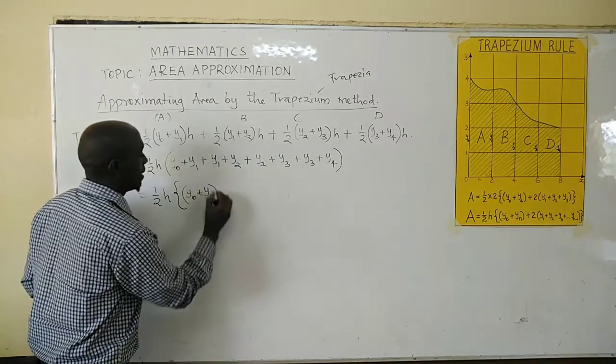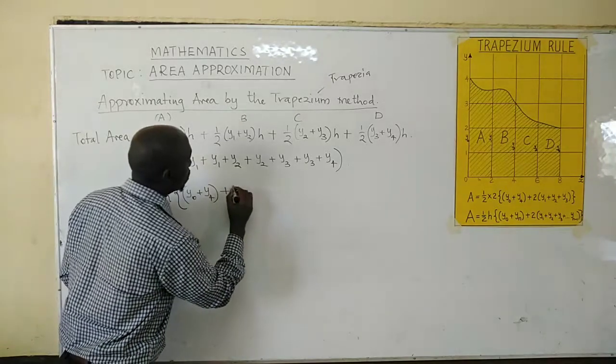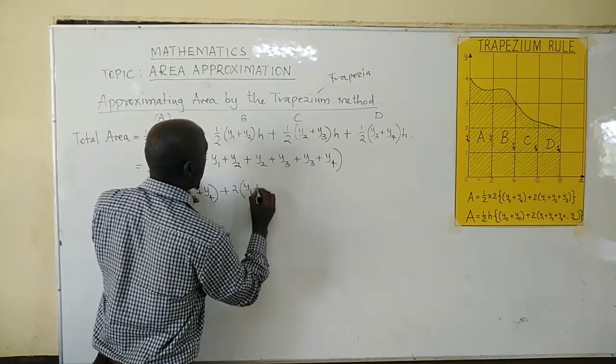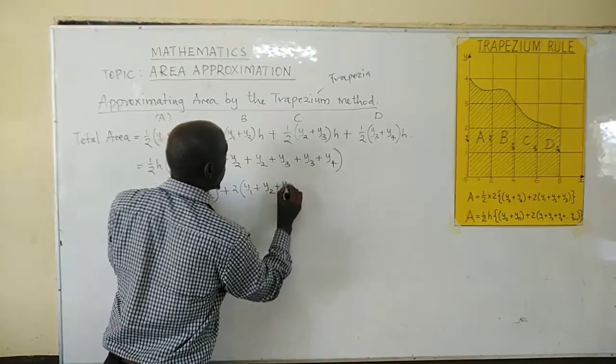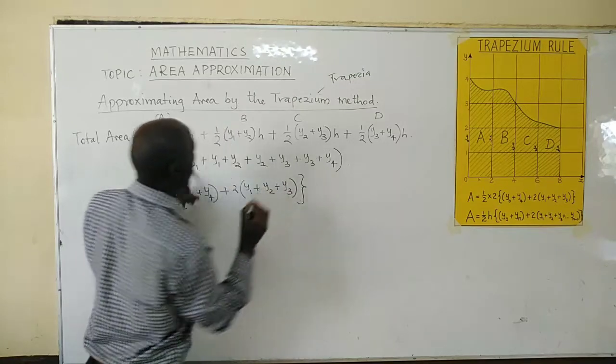Then for the others which are repeated, you double them. You say 2 times y1 plus y2 plus y3. Close the bracket, then close the outer bracket.